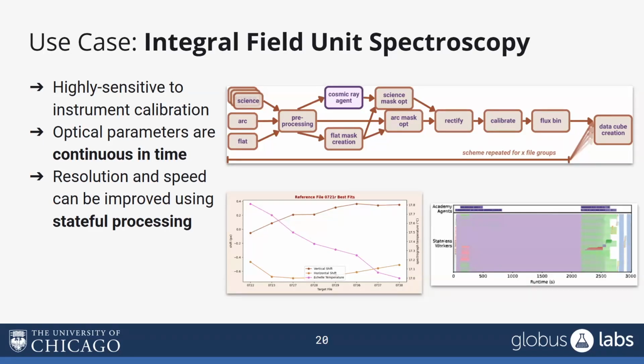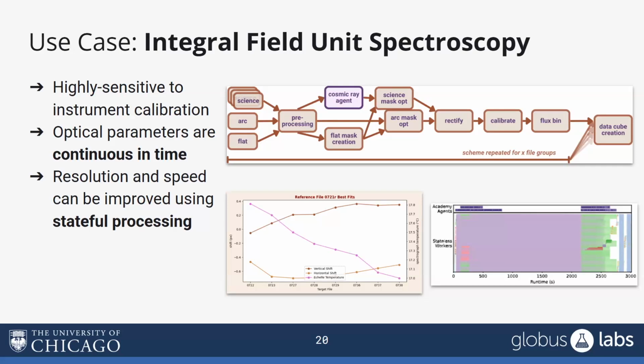And just to breeze through it real quickly, I think the interesting thing here is this was an existing stateless workflow built with Parsl, but one of the agents was estimating the optical parameters of the telescope used for this IFU spectroscopy, and this could be improved by giving that task state.